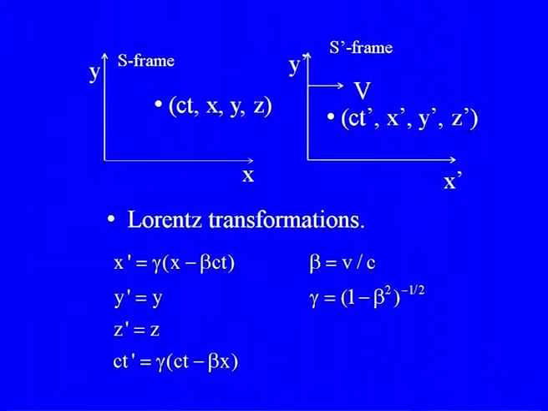Just to recall, let's read the first line. How is the x component in the S prime frame related to the x component in the S frame? You see that x prime is equal to gamma times (x minus beta ct), where beta is the velocity with which the S prime frame is moving divided by the speed of light, and gamma is nothing but 1 by the square root of 1 minus beta squared.